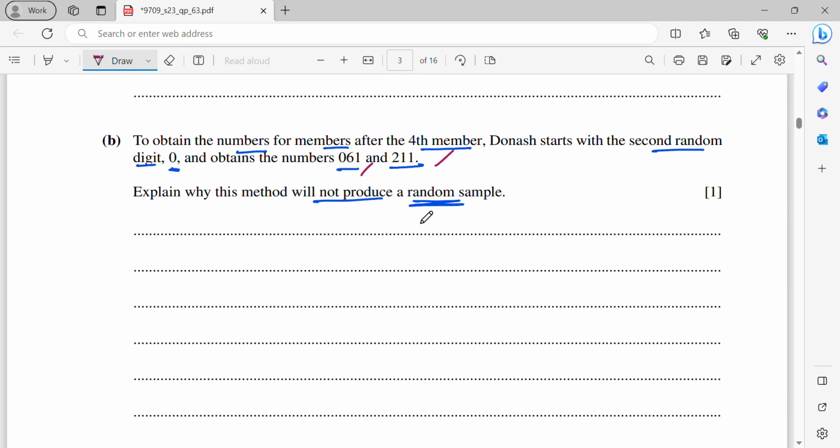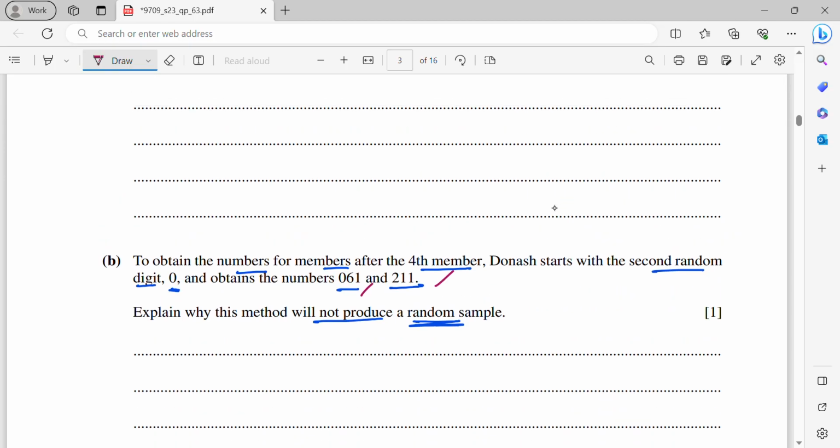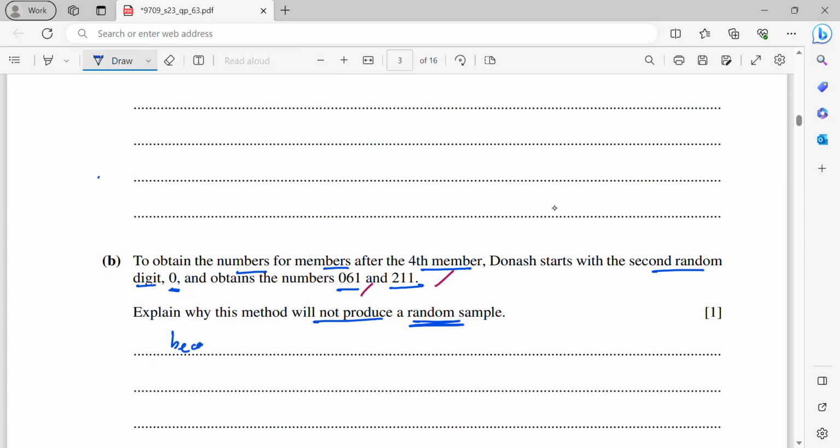Now, why will this method not produce a random sample? It's because we are referring to the same numbers, because these numbers are dependent on previous numbers.